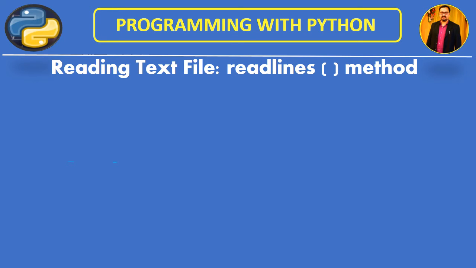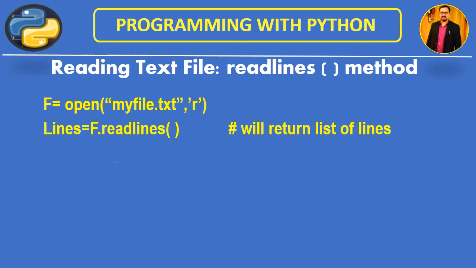The third method, the readlines method, and here again the same file I am opening, f equals open myfile, and then here I am executing the readlines method. All lines you will read all together, and this will form a list of lines in this lines variable. And once you have created the list of lines, you know how to iterate through this list, as you have done in class 11th, how to read a list.